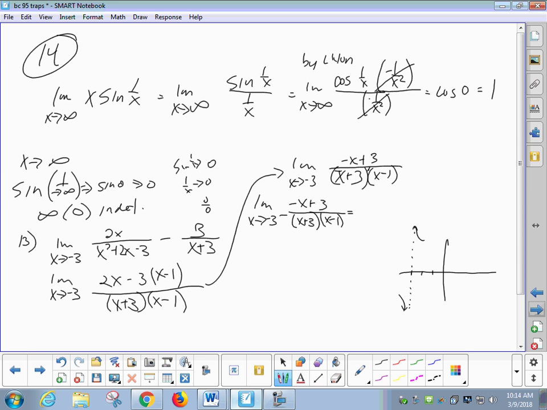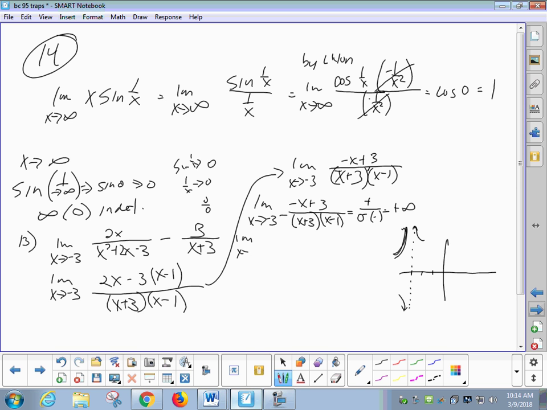So this would be positive. This would be a very small but negative number. Do you agree? And negative 3.1 minus 1 would be a negative number. So it feels to me like this would be positive infinity on this side.